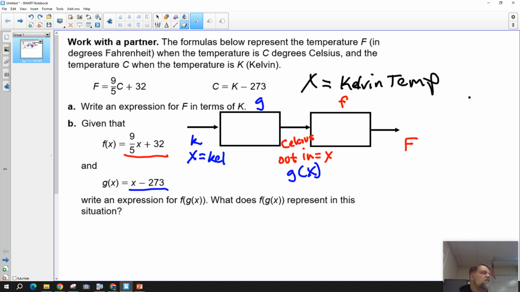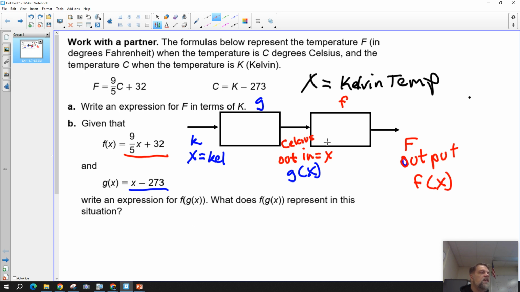And then finally, I'm going to have the output, which is lowercase f of x.